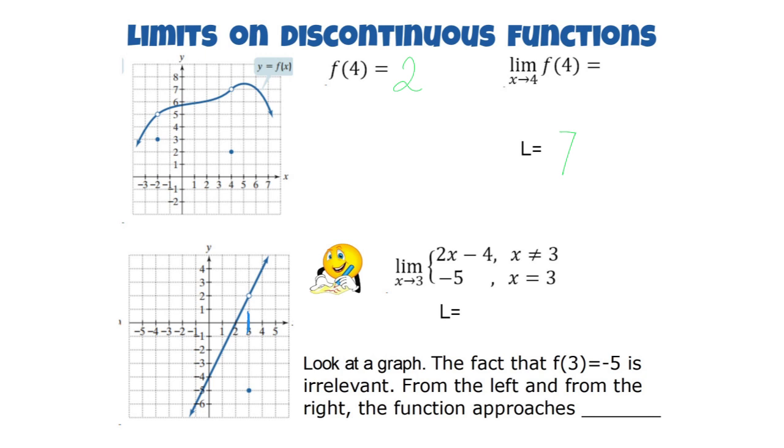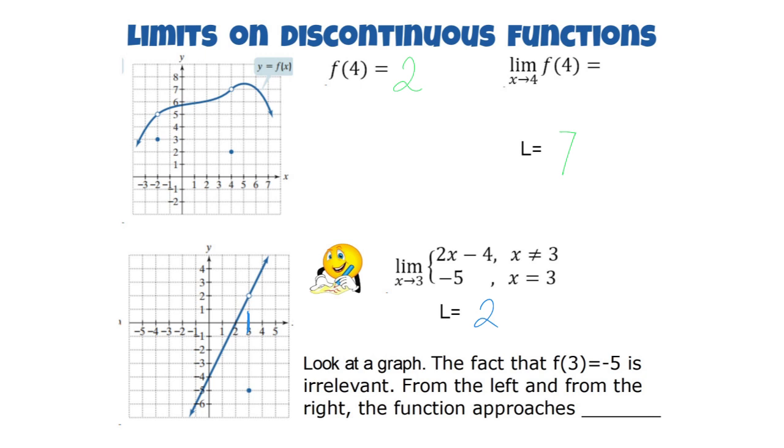As I come in from the left and from the right towards x equaling 3, it's approaching that dot, and the y value of that open dot is actually 2. Even though it's tempting to say it's actually -5, nope, I'm doing a limit. I'm looking at what it's approaching. So the limit on this is going to be 2, not the -5.